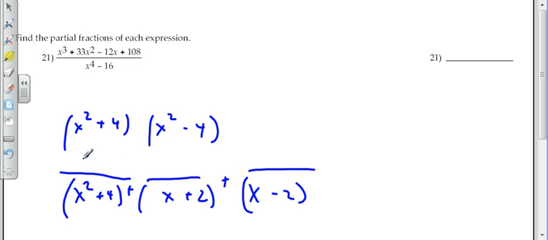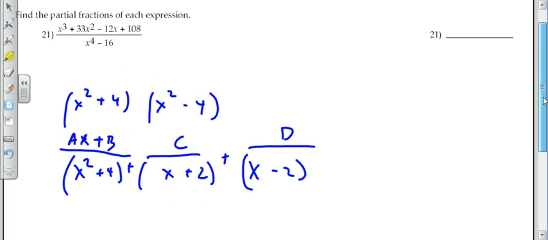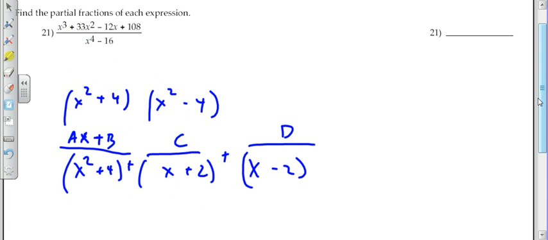So this has to be ax plus b over x squared plus 4, plus c over x plus 2, plus d over x minus 2. And now I've got to solve for a, b, c, and d.